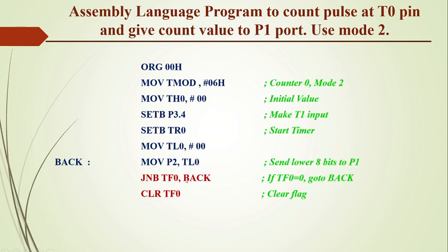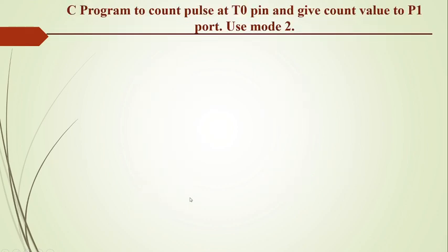That means every time while monitoring this flag, we are displaying the value available in the TL0 register onto port 2. After overflow, when this flag becomes 1, come out of the loop, clear the flag, and again jump to back. So do this continuously.